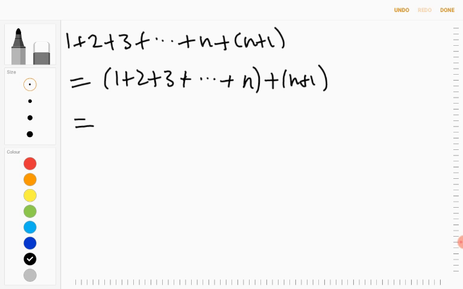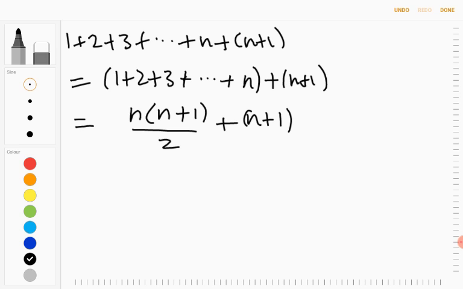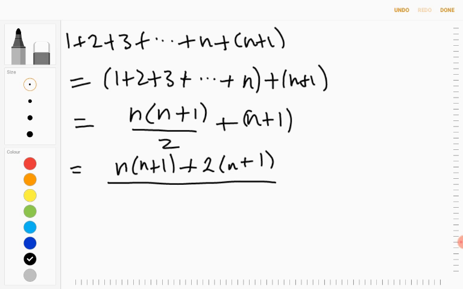And so by our induction hypothesis, we assume that this is equal to n times n plus 1 over 2 plus n plus 1. And so we get that n times n plus 1 plus 2 times n plus 1, over 2.